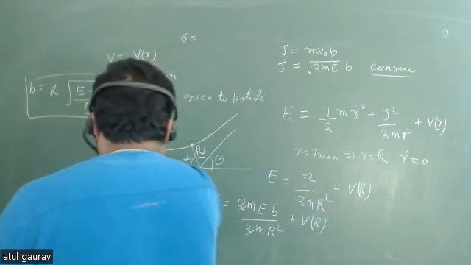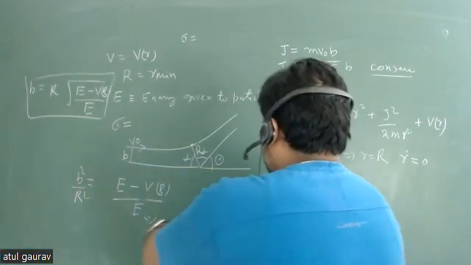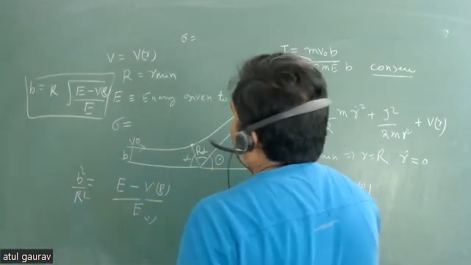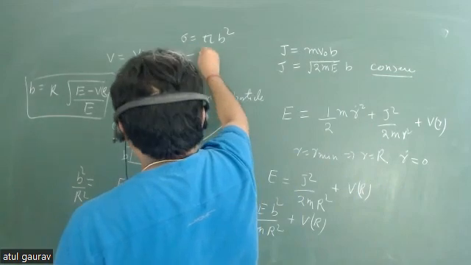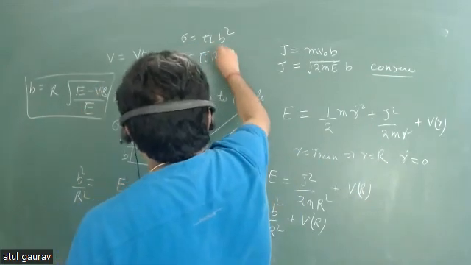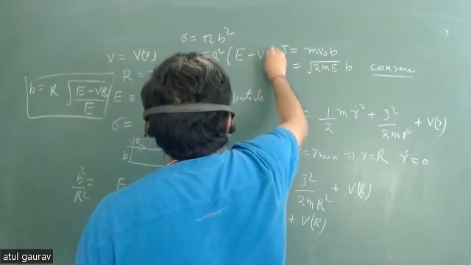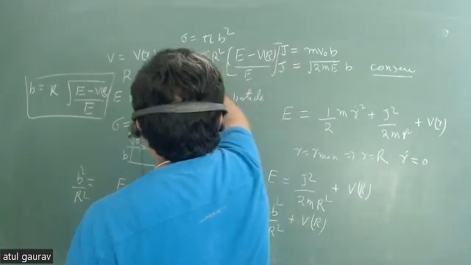Sorry, by E होगा ना, ये इधर से इसको घटाएंगे, इसको डिवाइड करेंगे by E. So what is sigma? Pi B square. So that is pi and B square को ले जाओगे. So this is pi R square times E minus V(R) upon E. So this is your sigma.